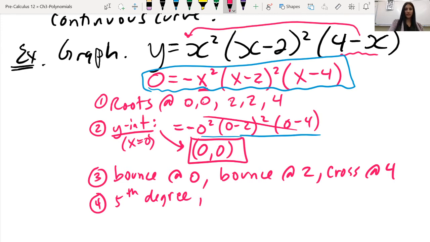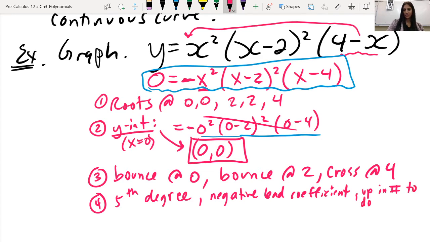So 5th degree, and then notice here in factored form, we have a negative lead coefficient. That's how I tell my end behavior. So that means I'm going to start up in quadrant 2 to down in quadrant 4.